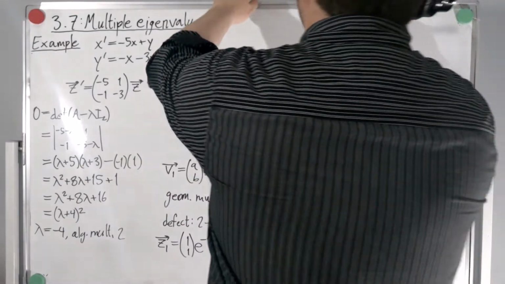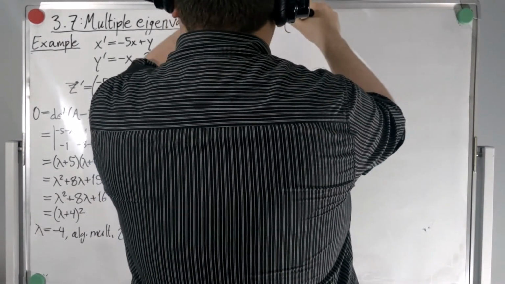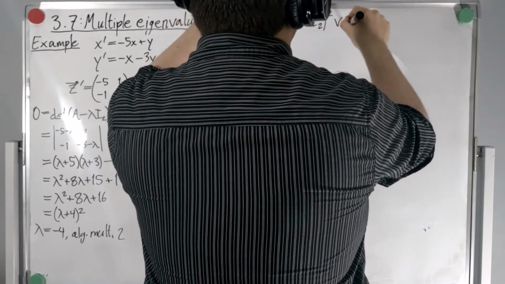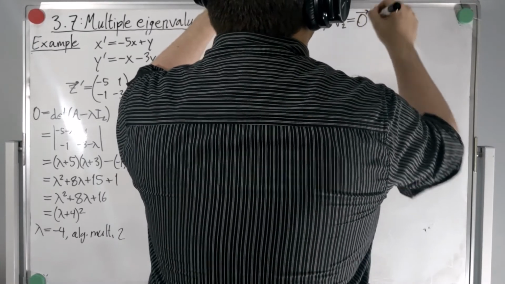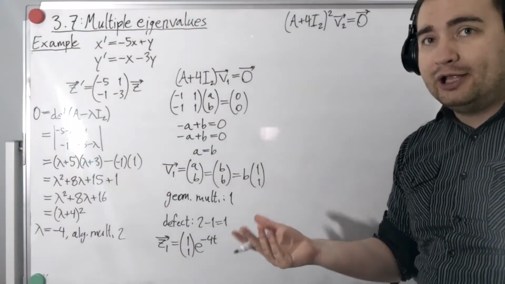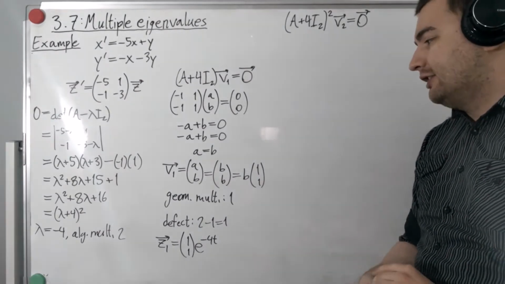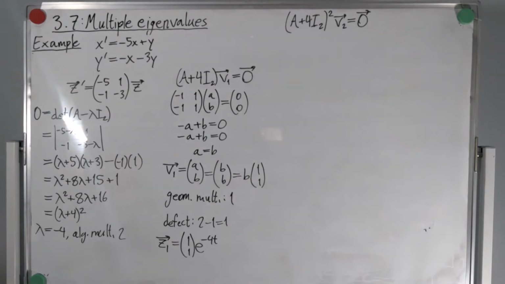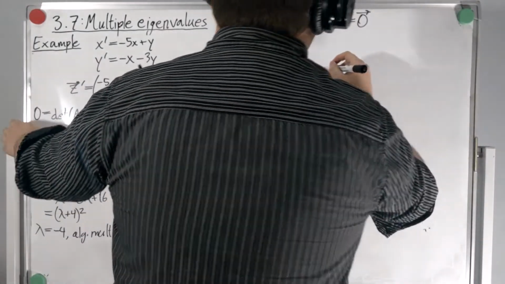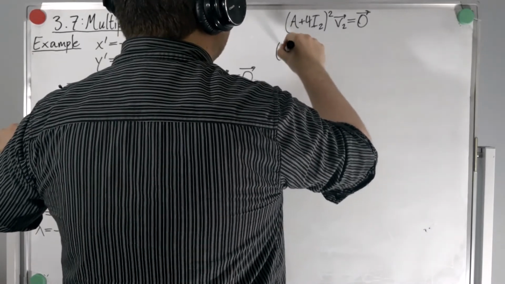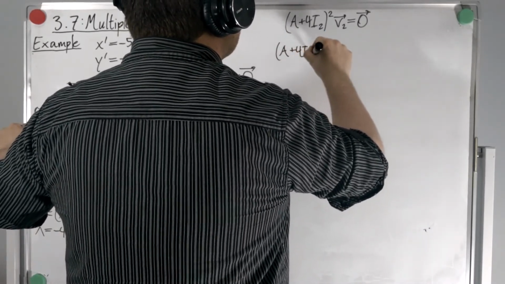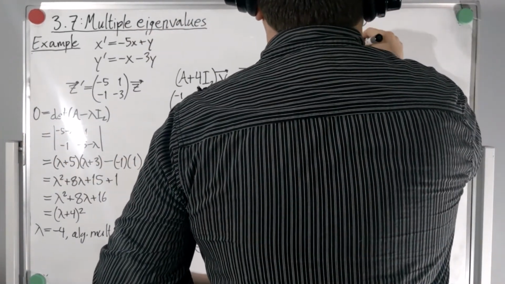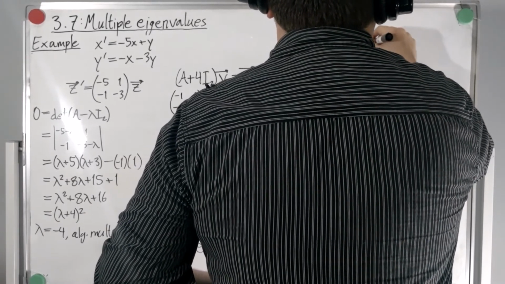Okay. So what we are looking for are solutions of (A plus 4 I2) squared times v2 vector equals the 0 vector. Where again, v2 had better not be the 0 vector, and also it cannot be one of the eigenvectors. So, (A plus 4 I2) squared, first of all let's figure out what that matrix is. This is going to be negative 1, 1, negative 1, 1 multiplied by itself.